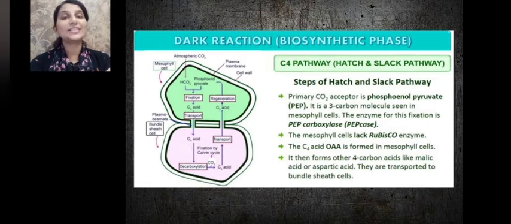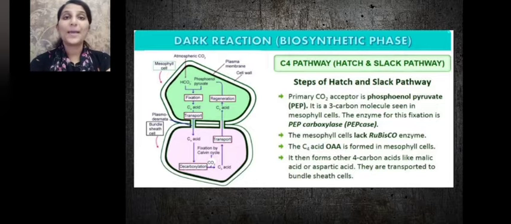So the initial step of the C4 pathway takes place in the mesophyll cells. The primary carbon dioxide acceptor over here is phosphoenol pyruvate, or PEP. So who is acting as the primary acceptor of carbon dioxide in the C4 cycle?